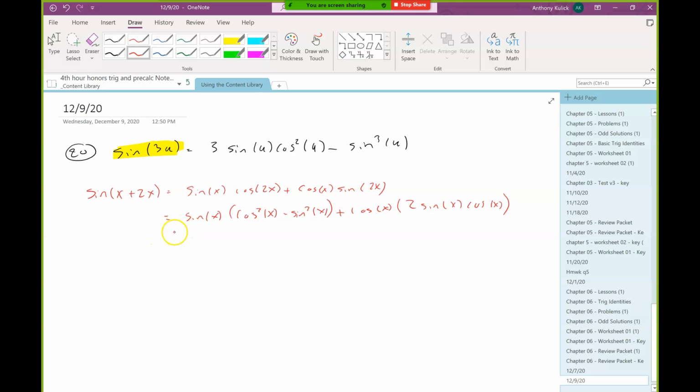Okay. Oh, real quick, Mr. Kulik. On the problems, let's say like sine 15, you would pick the SD1, right? You're talking about how I went from here to here? Well, how did you know what identity to use? Well, because I rewrote 3x as x plus 2x, which is the sine of a sum.